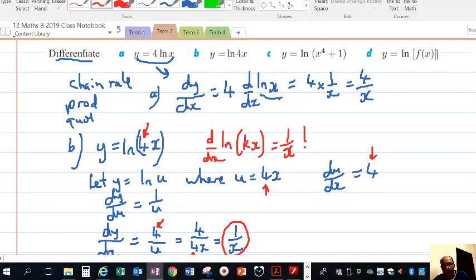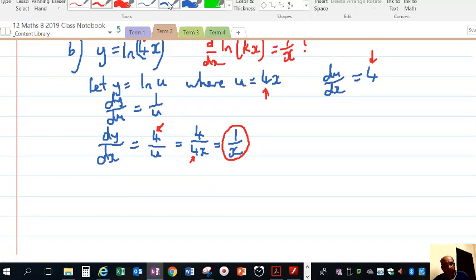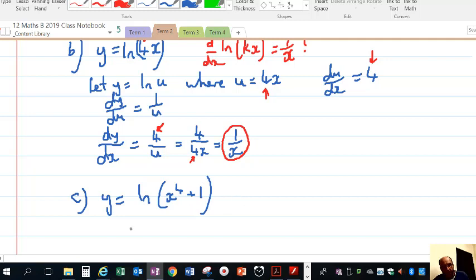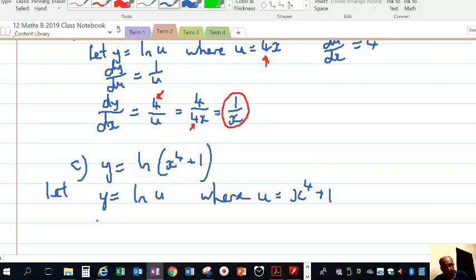So we've got log of x to the 4th plus 1. This is another chain rule. Alright, so I'm going to use u again. Let y equal log of u, where u equals x to the fourth plus 1. Get the gist? Especially if you've done heaps and heaps of chain rule, this is more of the same.